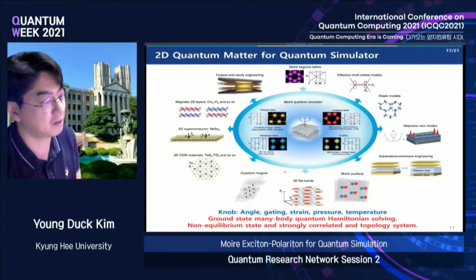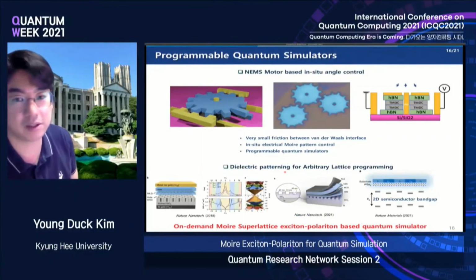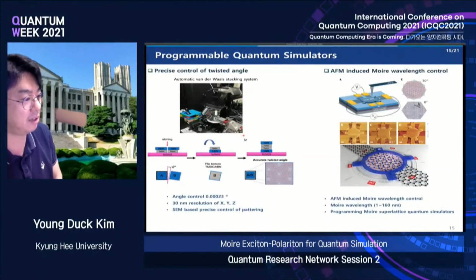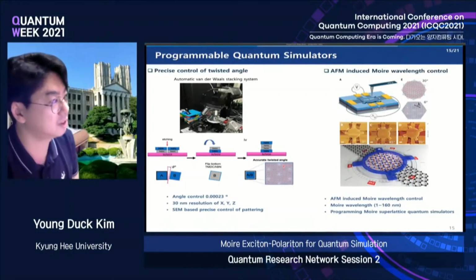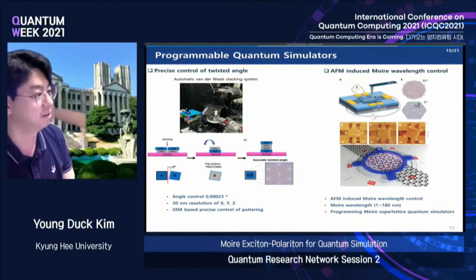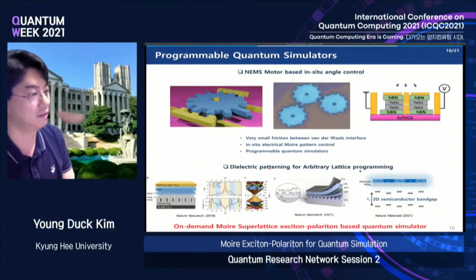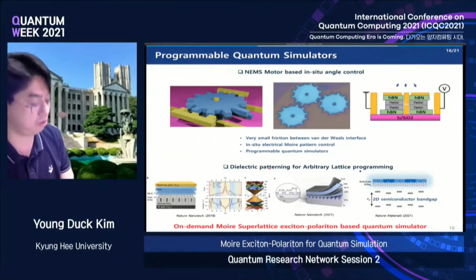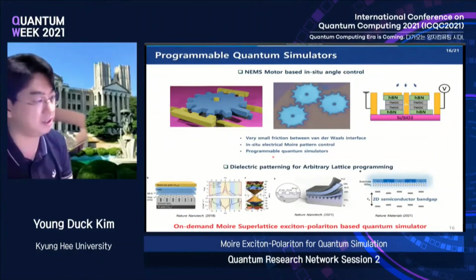So the Moire superlattice always realizes some hexagonal or triangular lattice structure, but sometimes we need a 1D lattice or some 2D lattice or some cubic lattice, rectangular lattice.